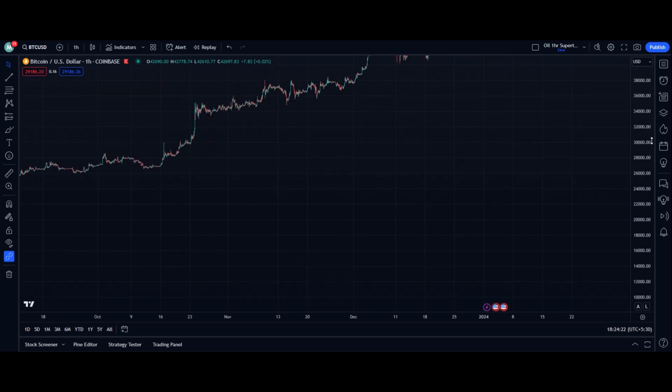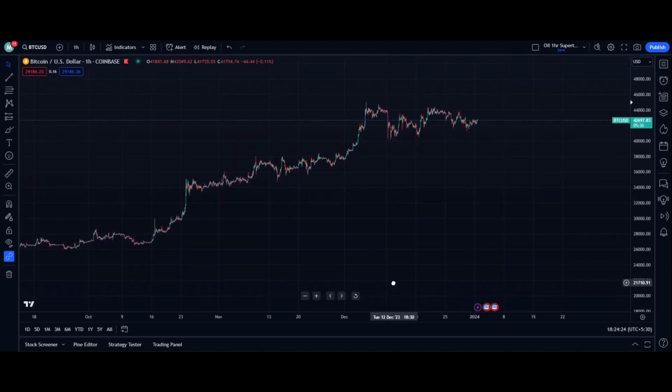So in a chart like this, which is from October, the last quarter of 2023, it was pretty bullish through October to November, and after the early parts of December, it started to flatten out.